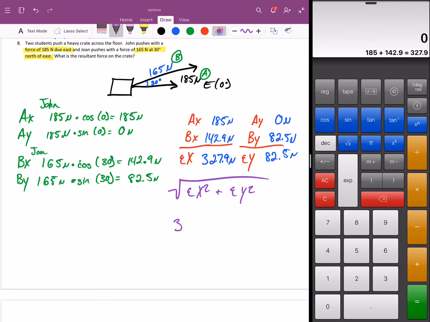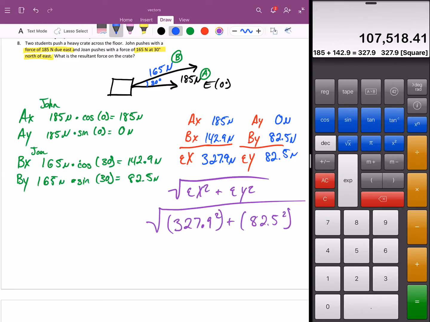In this case, 327.9 squared plus 82.5 squared. 327.9 squared is 107,518.41, plus 82.5 squared, 6,806.25.